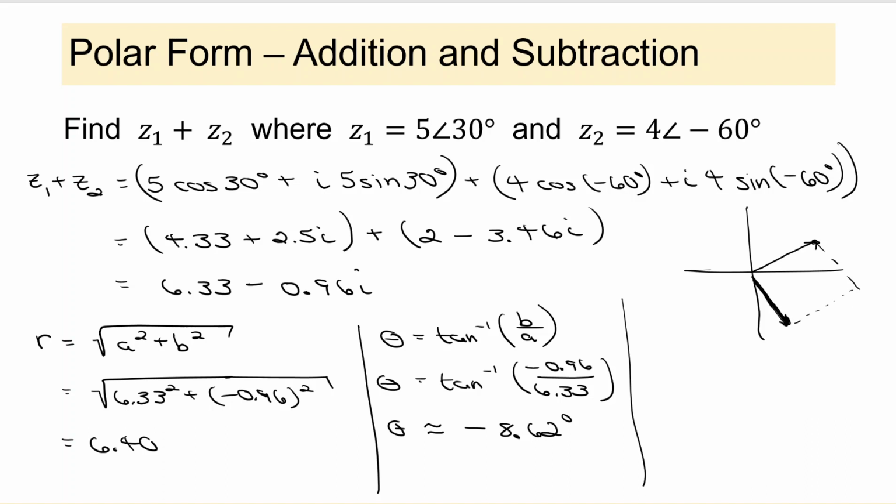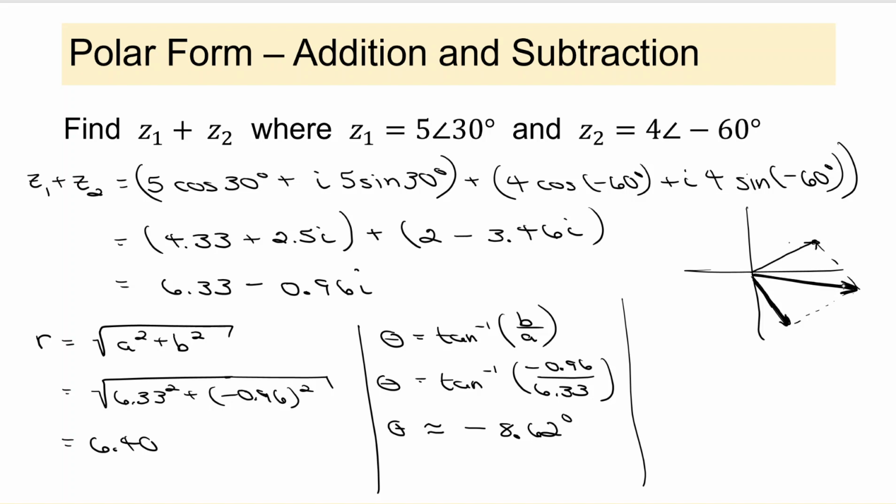basically, all I want to see is if this should be a fourth quadrant angle, because that's what I'm ending up with here. So this is going to be my sum vector, the result of summing these two complex numbers. So remember your physics, this is basically just vector addition.